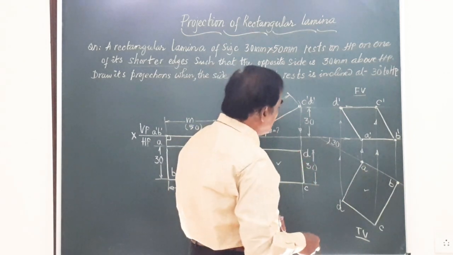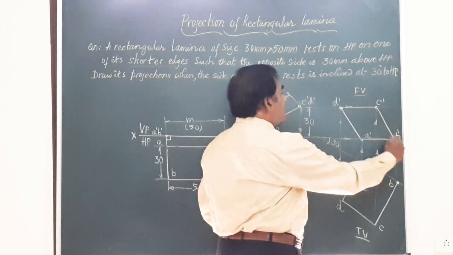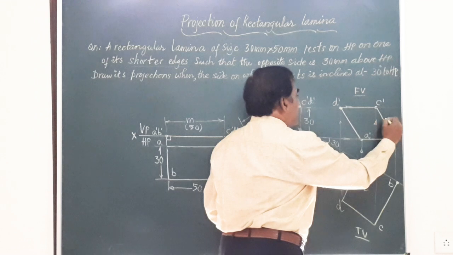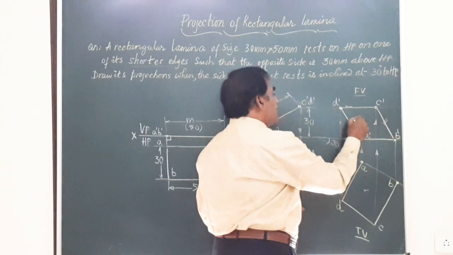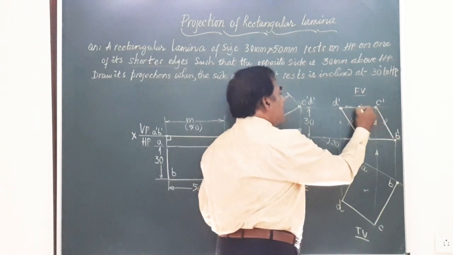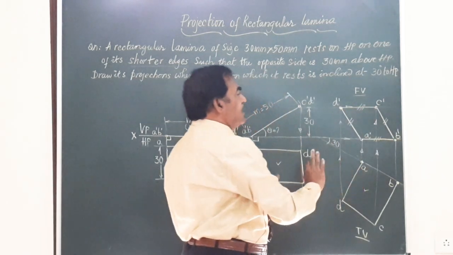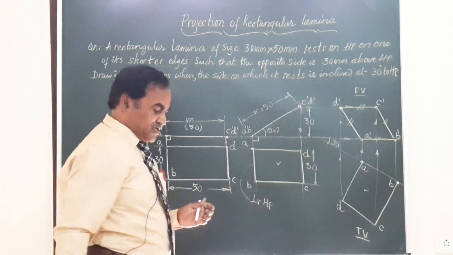Friends, you can observe in this figure the opposite edges of this rectangle: B dash C dash is parallel to D dash A dash and D dash C dash is parallel to A dash B dash, and they will have the same dimension.